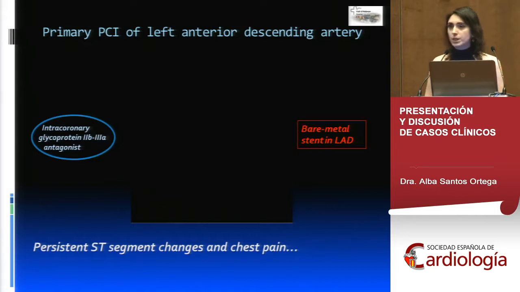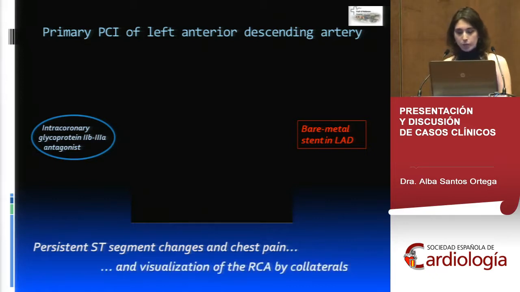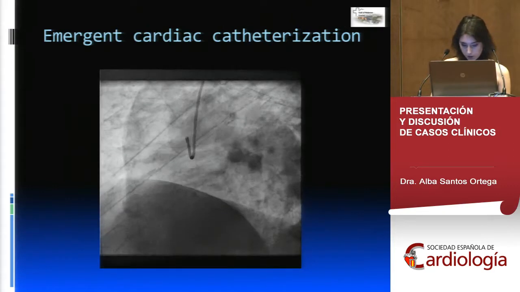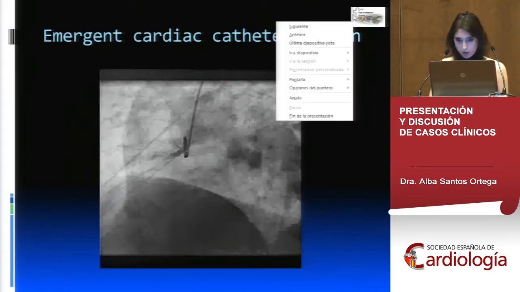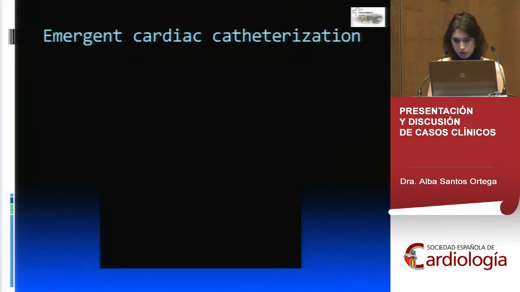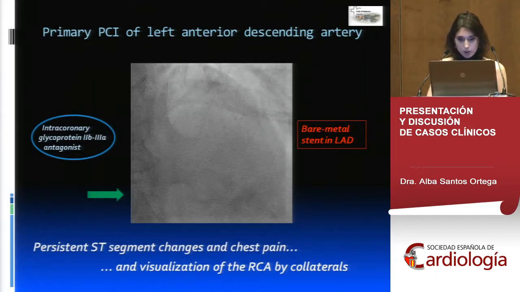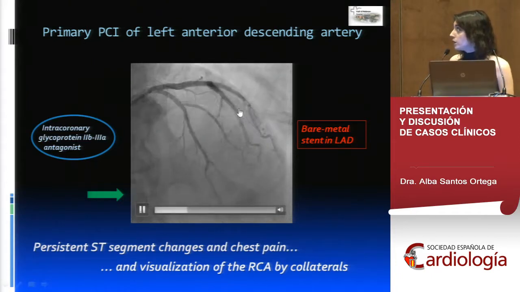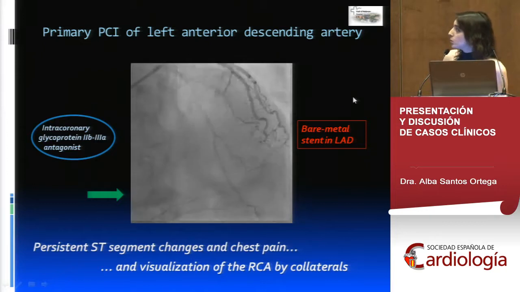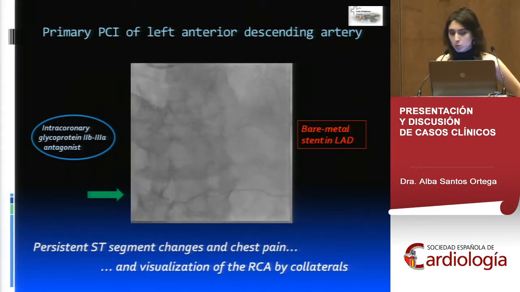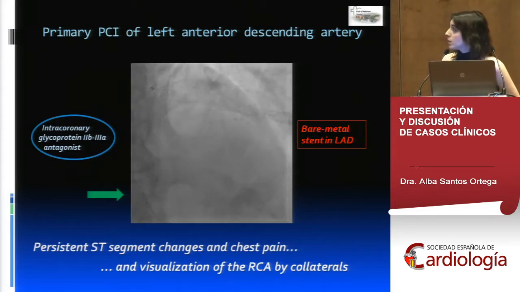Nevertheless, the patient persisted with ST segment elevation and intense chest pain, and we can find the answer to these symptoms in the angiogram.